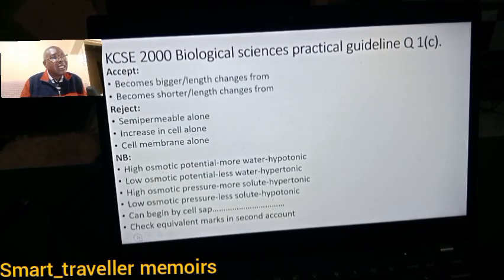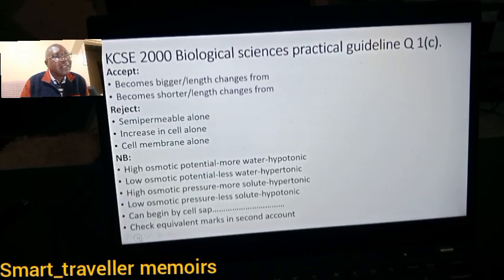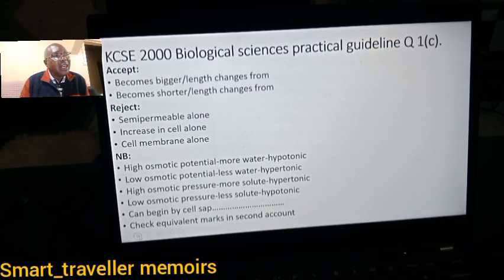It is increase in the cell size. And reject the cell membrane, it should be semi-permeable cell membrane. So you reject cell membrane alone.